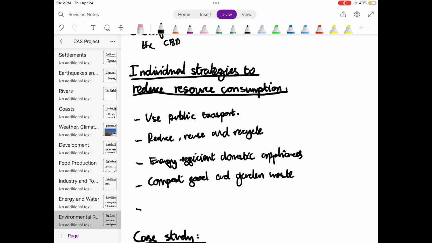And finally, wash clothes less often, and this reduces the water consumption of a household, and therefore conserves resources and reduces the resource consumption.